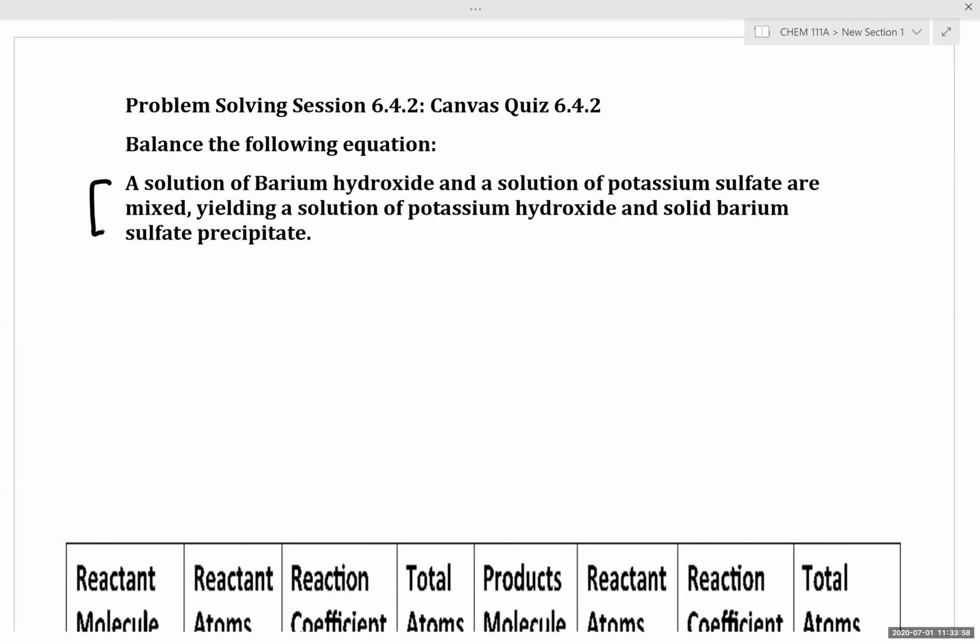Let's try to get a few more responses in the chat. And if you have any proposed formulas for these names, don't be shy to message them in the chat or unmute and propose your responses verbally. The coefficients that I just saw in the chat look good.